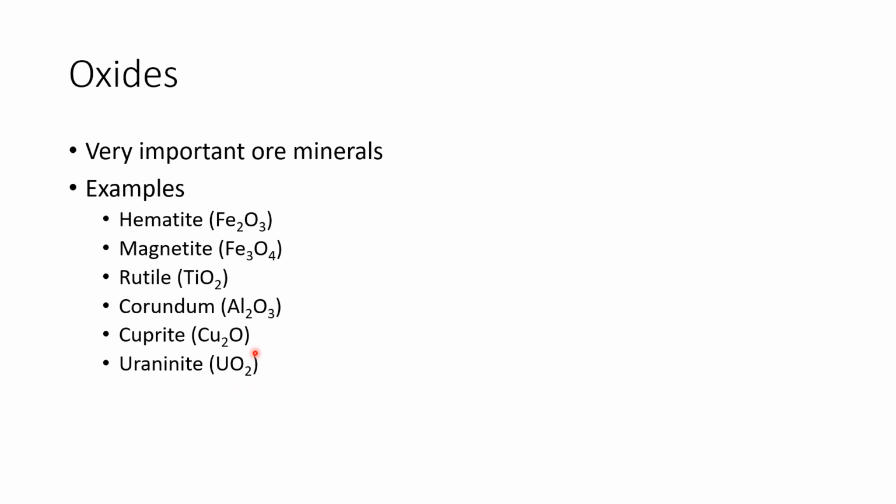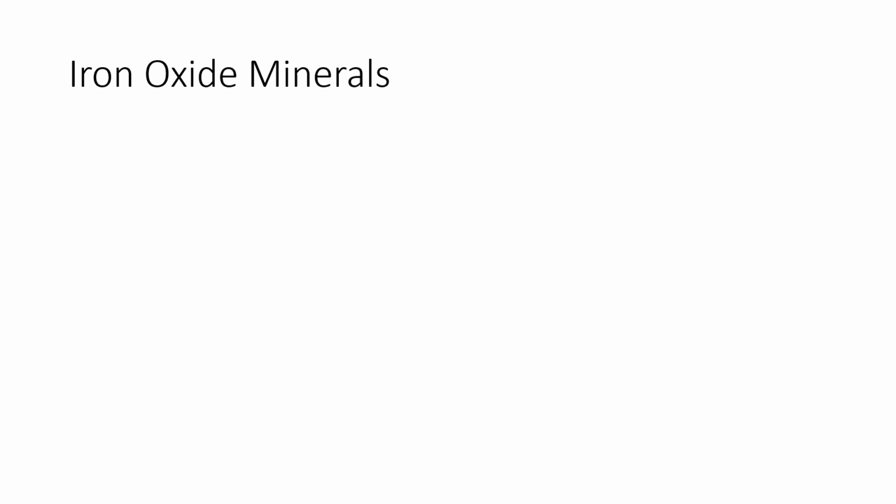There are uranium ores, although it's not exactly uraninite, it's a uranium sulfide, in the Chattanooga Shale, one of the units we'll talk about in the sedimentary unit, right around in this area. So these are important as ore minerals so that we can get some of the materials that we need from the earth. Now, let's look specifically at the iron oxide minerals.